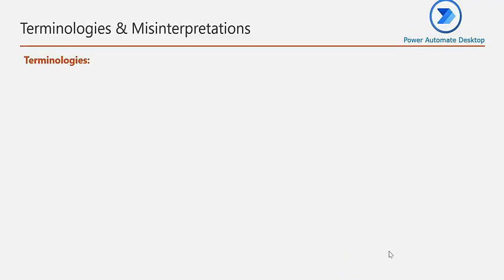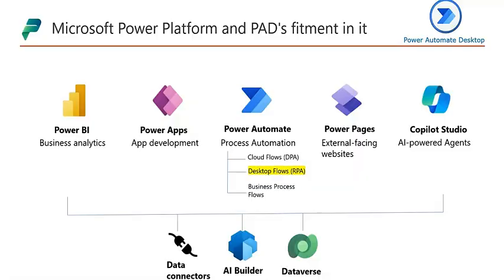So speaking of different terminologies, yes, please. When we are working with PAD, would we be indirectly working with any of these other components of Microsoft Power Platform? Now it will depend on the automation scenario or the use case. Let's say your automation scenario has got something to connect with cloud and also has UI based interaction.